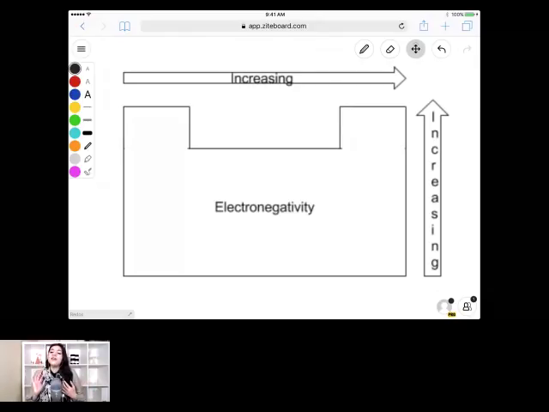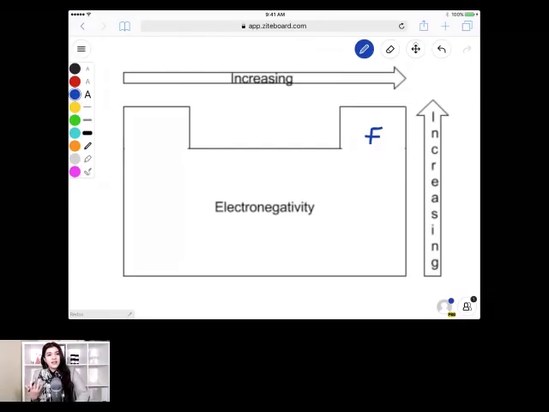Now we'll see here the different types of trends, or the different increasing or decreasing portions of this. So electronegativity, as you see on the screen, increases as you move left to right across the periodic table, and as you go up a column of the periodic table. Something to note is fluorine will be right here. Fluorine is a type of halogen, and that is actually the most electronegative atom.